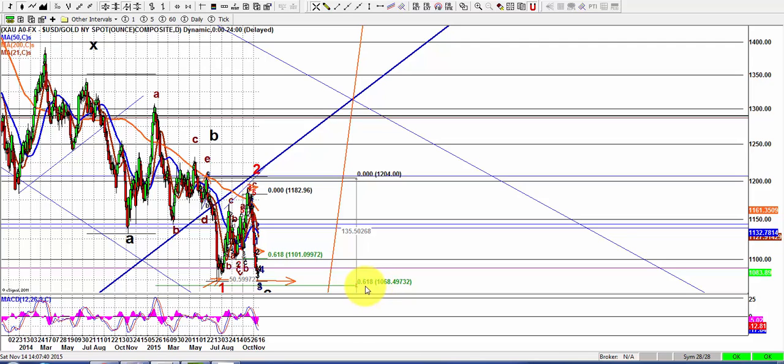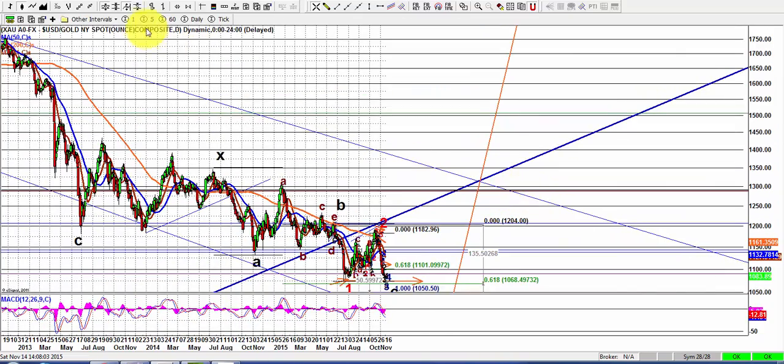That is the first projection that relates to the extent of the A. That means that the C, if it were to end at this point, and I don't think it's going to end at this point, because up to now we only got our 1, 2, and the third is not even finished. So that would be 1068. But it is quite likely that we have to continue.